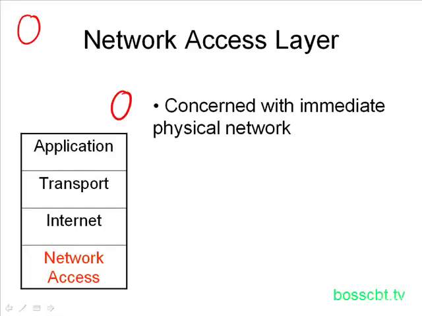Well, between these two devices, there are many different points within a network. The network access layer is concerned with the immediate segments, or all the little segments between these two devices, and every device along the way uses the network access layer to interact with the physical network it's connected to.